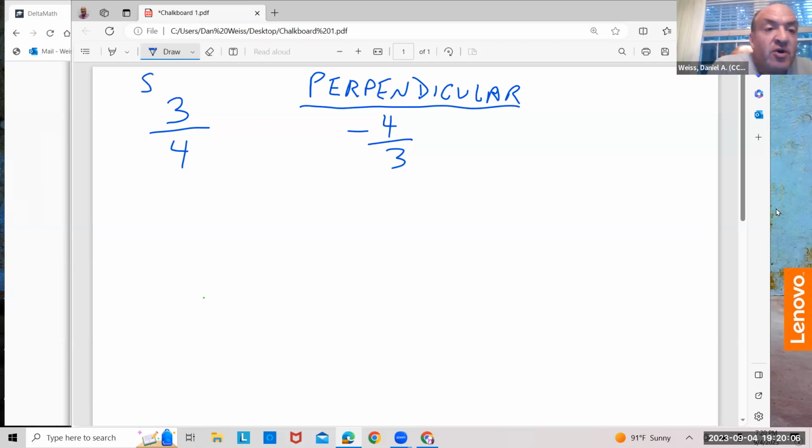So if a slope is 3/4, a perpendicular slope is -4/3.